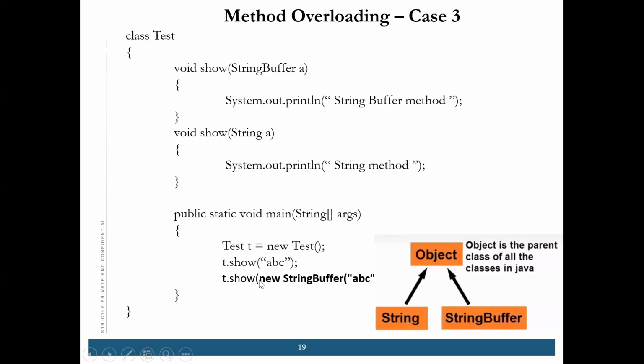If I'm calling string buffer, this is a perfect match, so it will call this one only. This is the way you can call the string buffer. You can try this in Eclipse on your own and see whether it is working or not. Any doubts, you can ask me in the next class.